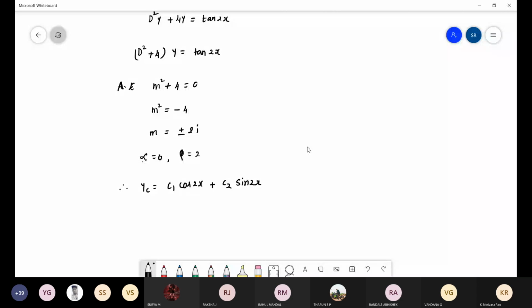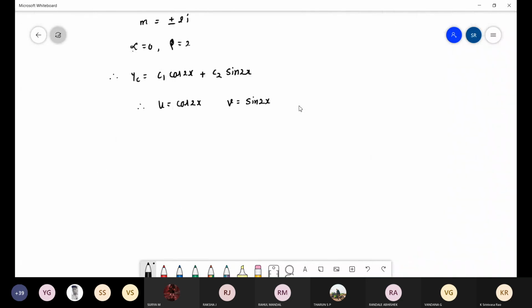Once you get cos 2x and sin 2x, means after getting yc, therefore u equals cos 2x and v equals sin 2x. So now consider omega.